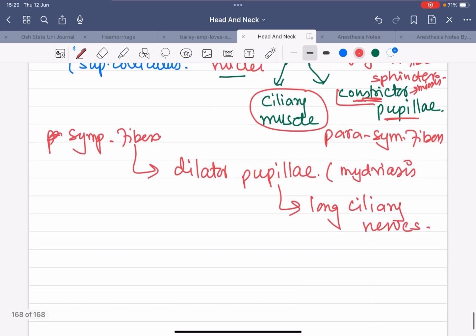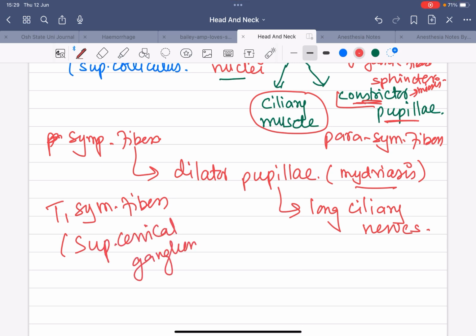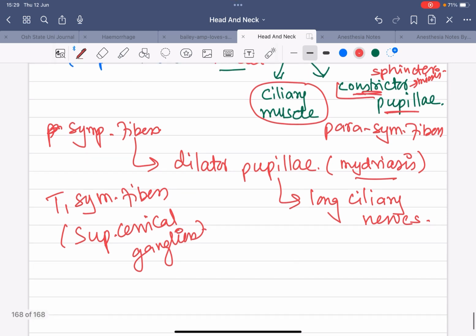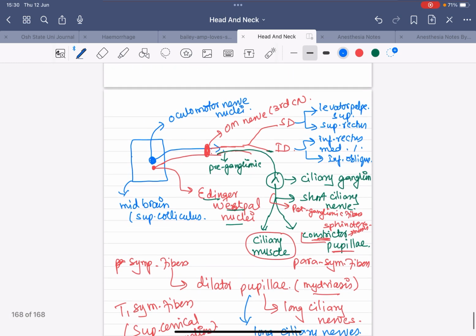It takes the T1 sympathetic fibers from your superior cervical ganglion, and then reaches the dilator pupillae in the form of which nerves? The answer is your long ciliary nerves. Okay. So please remember this ciliary ganglion, it is very, very important.